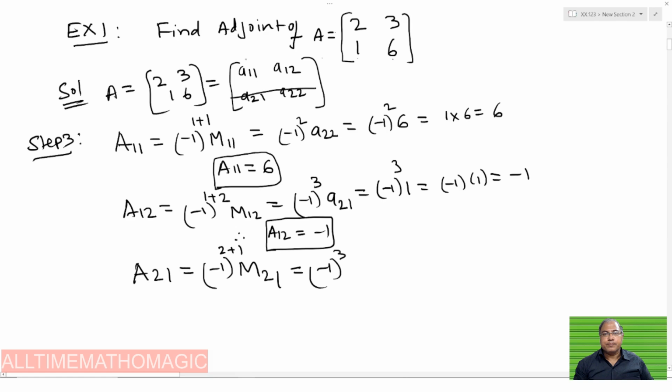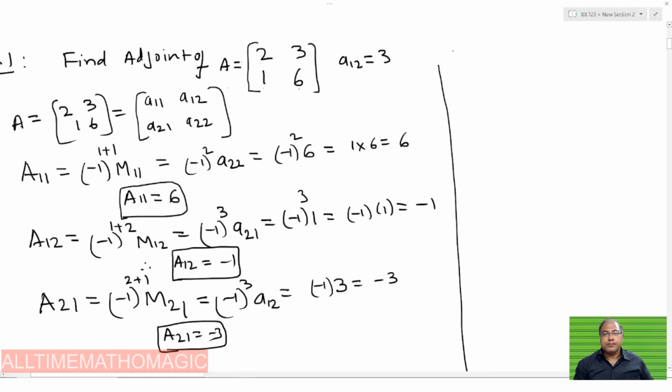A21 is present in the first column and the second row. So what is left? A12, and the value of A12 is 3. So that is minus 3. Therefore, the value of A21 equals minus 3.